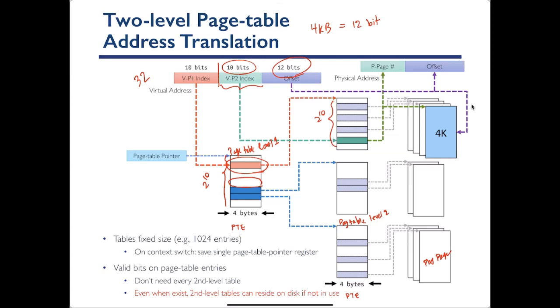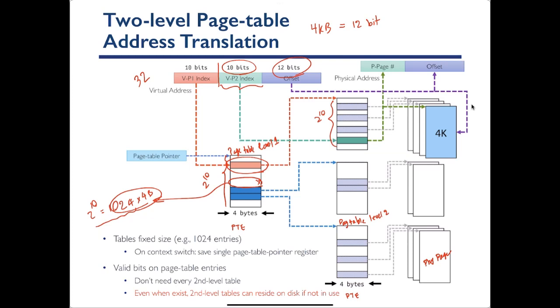Therefore, I'm not going to use any memory for page table level 2 for the entries that are invalid here. So for any entry that is not used here, I'm saving 2 to the 10 page table entries, right? For any one of these, I'm saving this many page table entries. Now each one of these could have 4 bytes, so in total, I'm saving this many bytes.